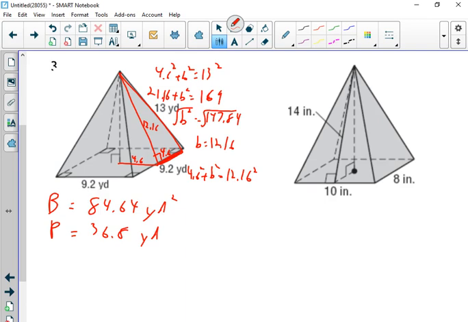So 12.16 squared is 147.87. Now we're just going to subtract the 21.16 here and say b squared equals 147.87 minus 21.16, 126.71, which we now square root.